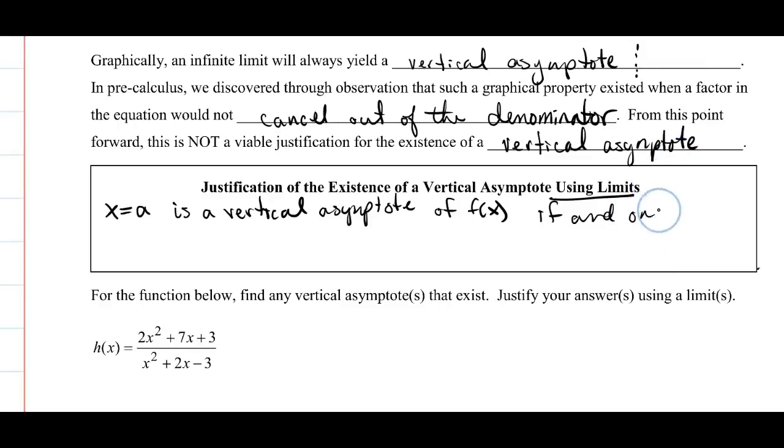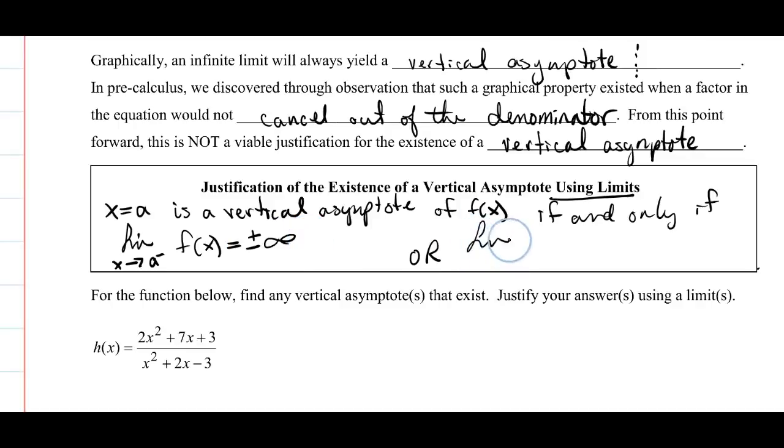If and only if. You have two choices here. The limit as x approaches A from the left equals either positive or negative infinity, or the limit as x approaches A from the right of the function equals plus or minus infinity.